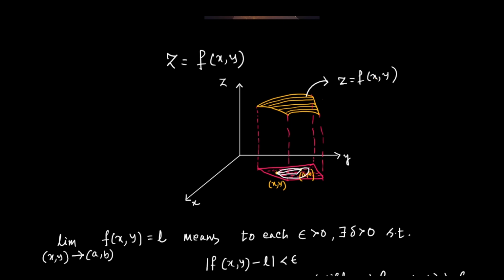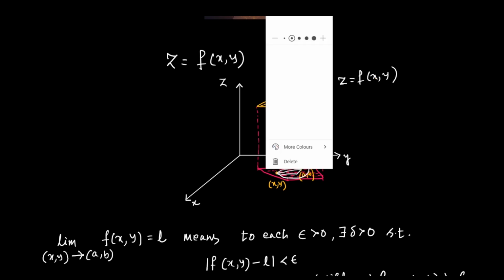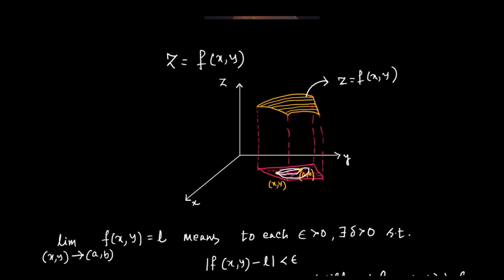If I consider this diagram again, this was our point (a, b). Let me plot the xy plane separately on one side because it is looking too clumsy. Suppose this is the xy plane, and this is my point (a, b).